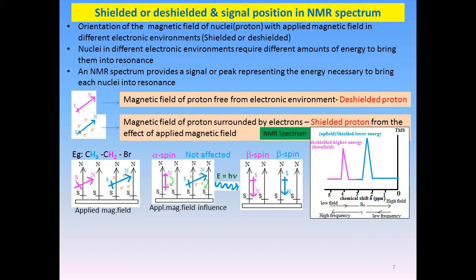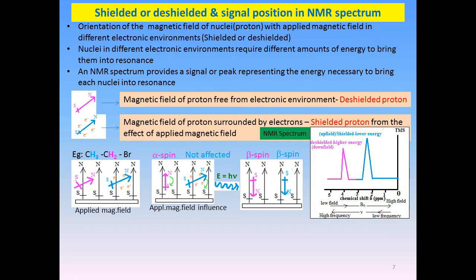So the de-shielded proton, flipping from alpha spin to beta spin, requires a higher amount of energy, as you could see that it has to rotate through 180 degrees. But the shielded proton is very easily flipped, and it requires lower energy.